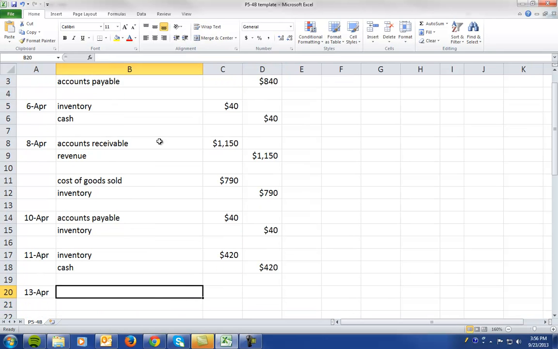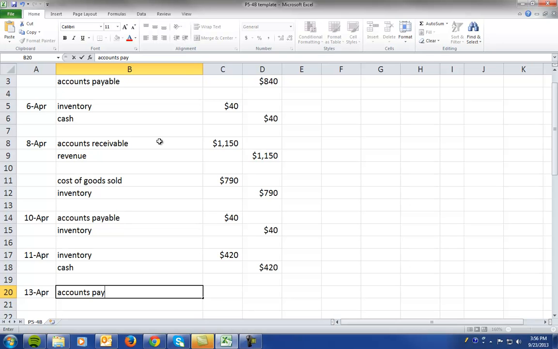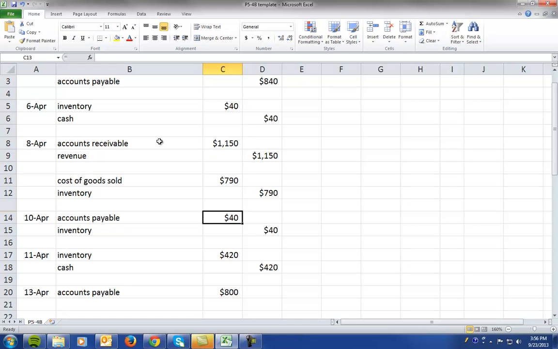Then on the 13th, it says that they paid the Marks bill in full. Now they pay within 10 days, so they get a 2% discount. We want to debit accounts payable for the net amount that's owed, which is $800, remembering that they returned $40 worth of inventory here.